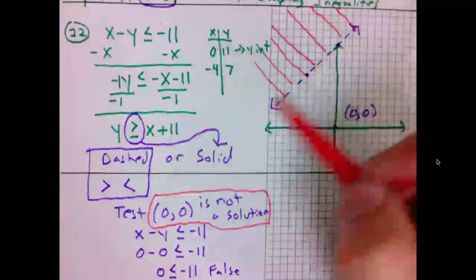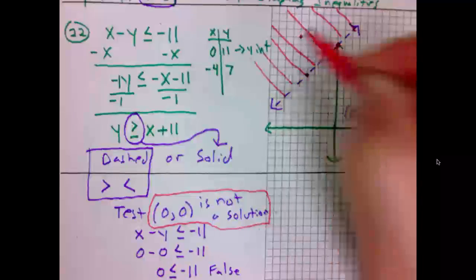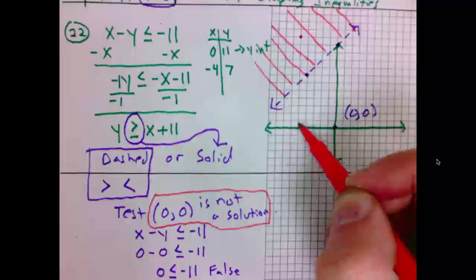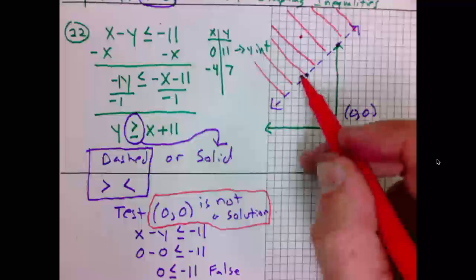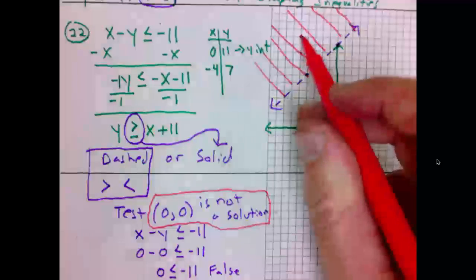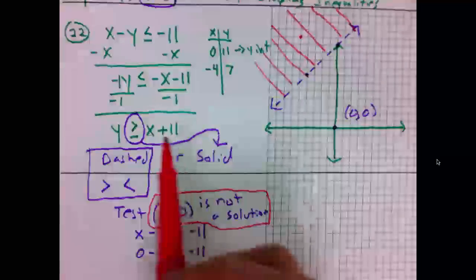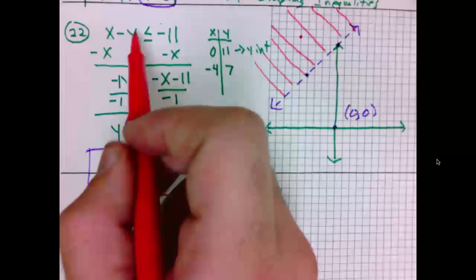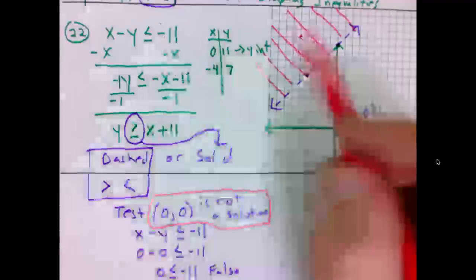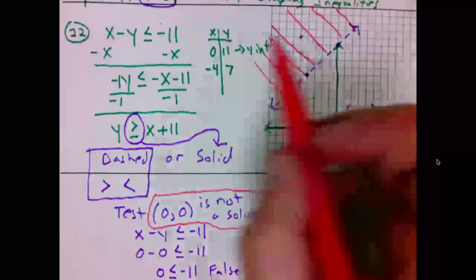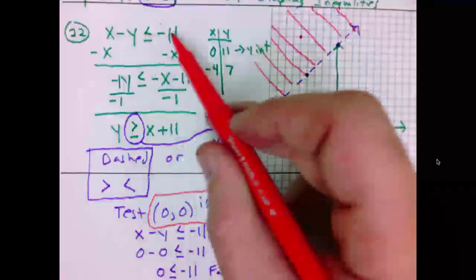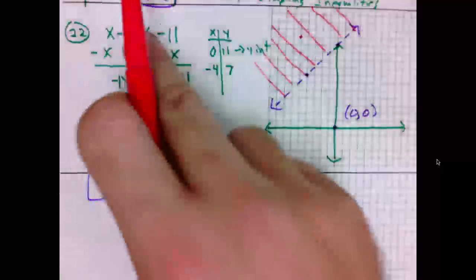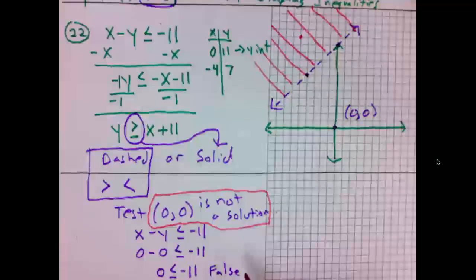For instance, this point here, negative 5, positive 11. Negative 5 minus 11 would be negative 16. Indeed, negative 16 is less than negative 11. This point is a solution. It yields a true statement. Any point in the unshaded region will yield a false statement, which we saw with 0, 0.